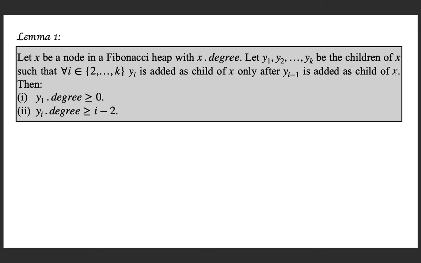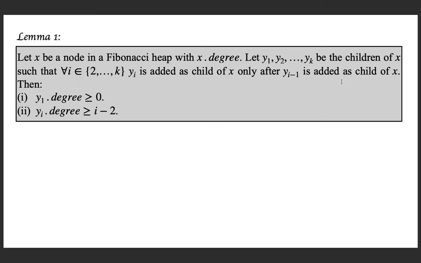such that for all i from 2 to k, yi, for example y2, is added as a child of x only after adding y1. So we are assuming that the children y1, y2, etc. yk of a node x are added as children of x in that order, first y1, then y2, likewise.